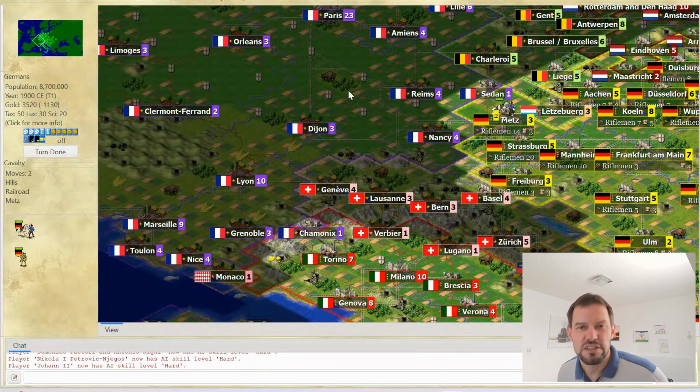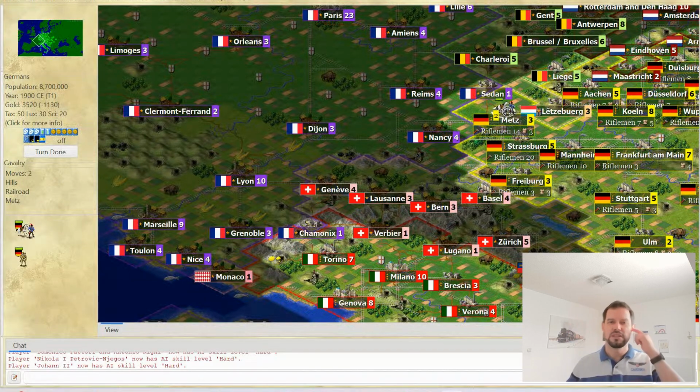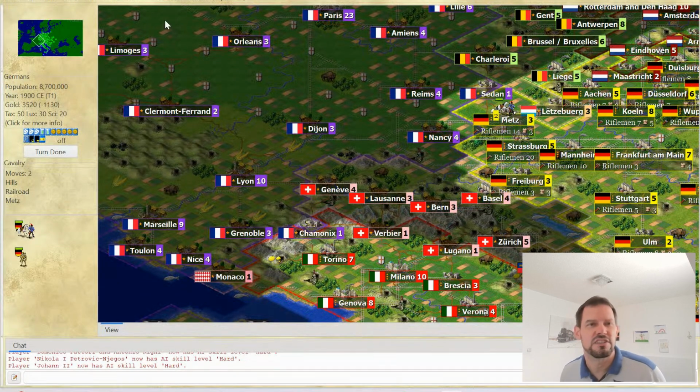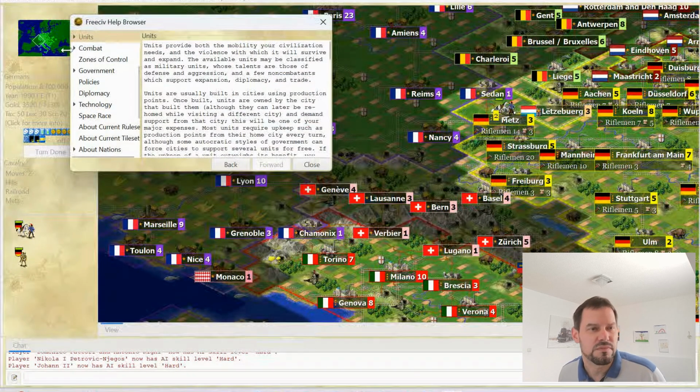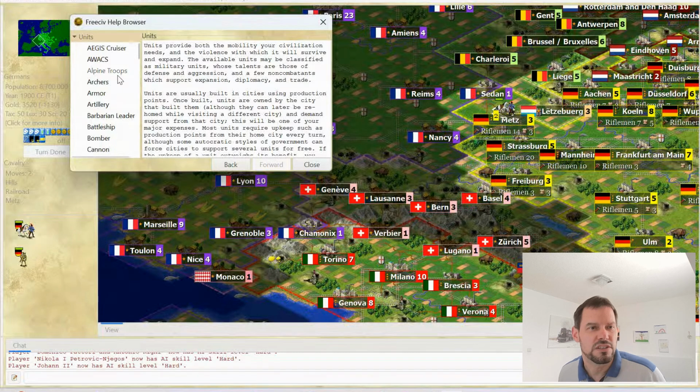What's prompting our attention here is this. It is a military unit, and if we look here, we find out it is a cavalry. It has 2 moves left. It is an attack unit. If you don't believe me that it is an attack unit, you could go to help, units, and then cavalry.